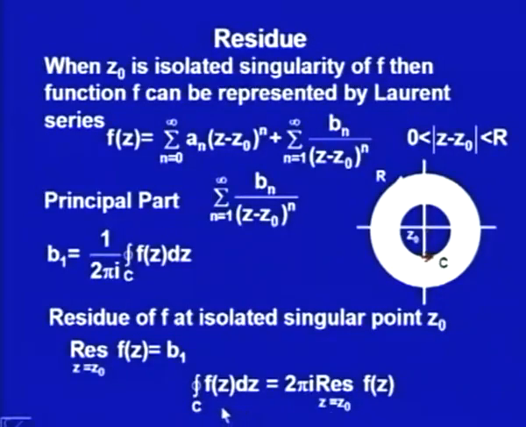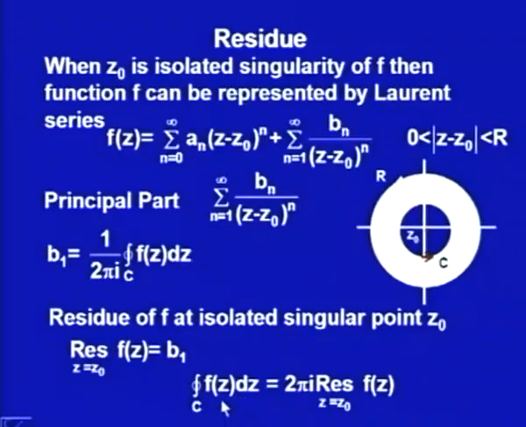Now, what have we got? We have actually got one integration formula. Till now, the integration formulas we had were: the Cauchy theorem, which said that if f is analytic in the whole domain, then the integral along any closed contour would be 0, for a function analytic inside that closed contour and on that closed contour.